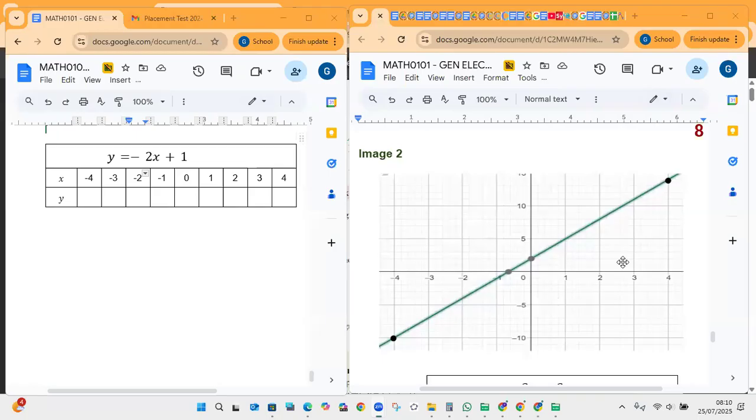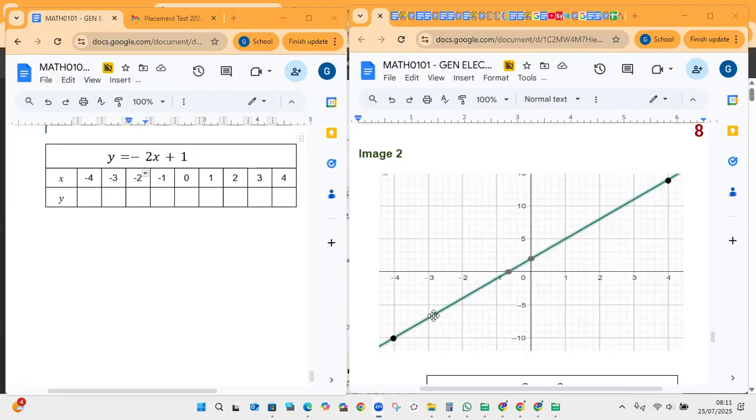If you go to image 2, which we discussed in a previous video, you can see that the line there shows you the behavior of y. Any line on a graph tells you what the y value is doing, what the dependent variable is doing. X is always increasing from left to right, but the y now can do many different things.